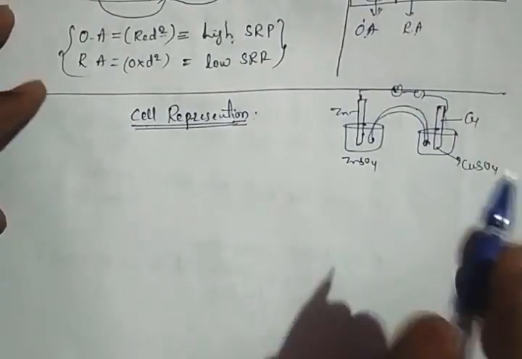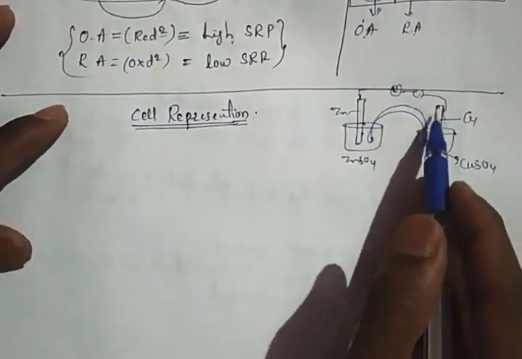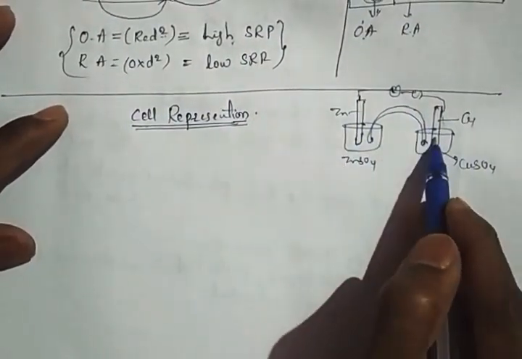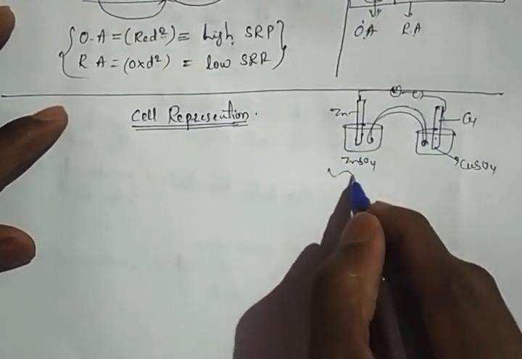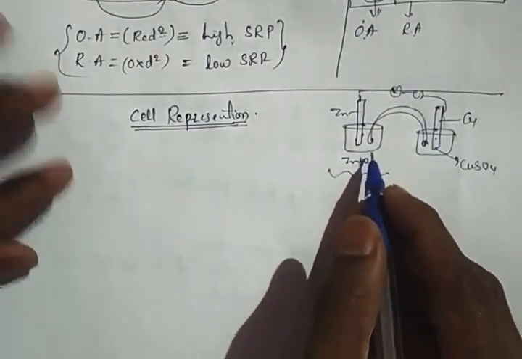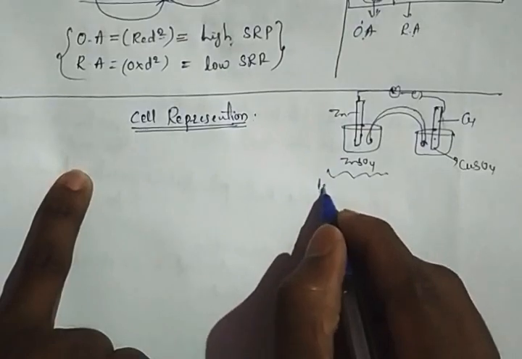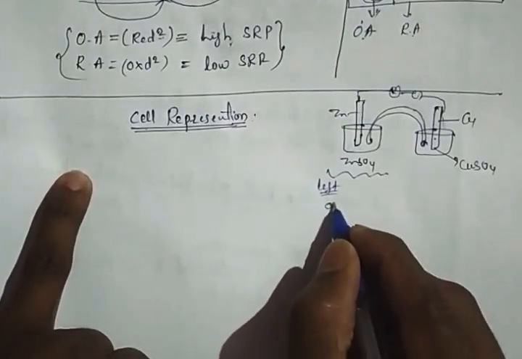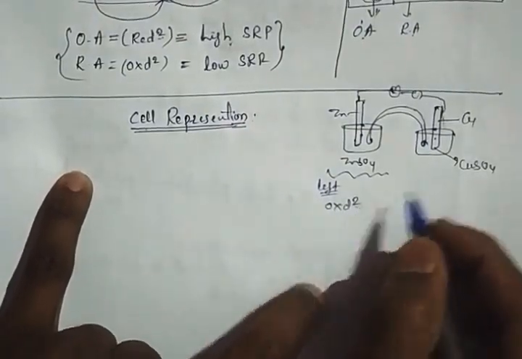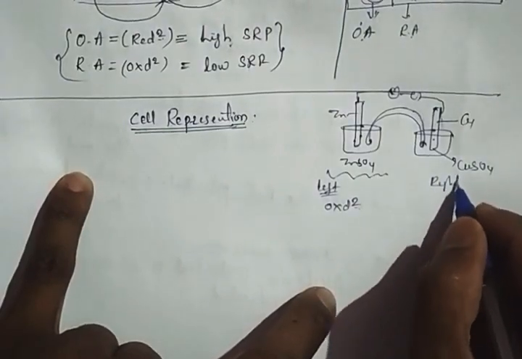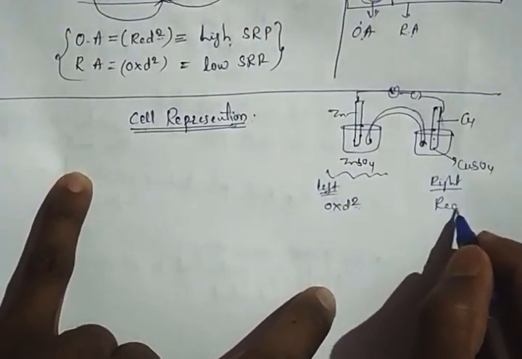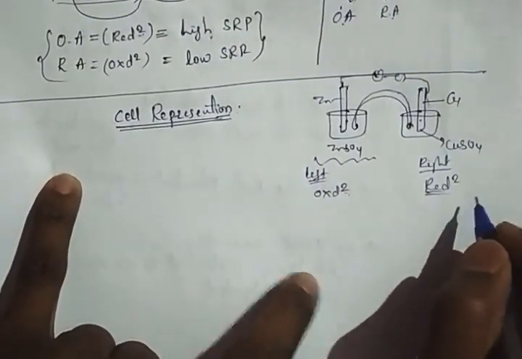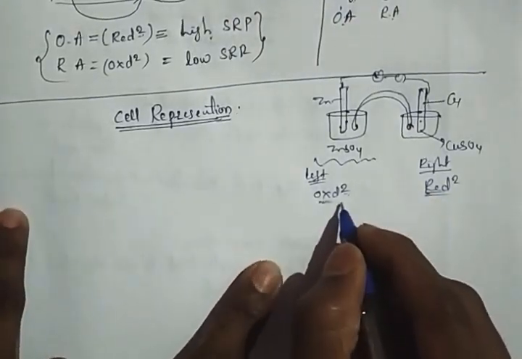As you know, the cell consists of two half cells. The half cell on the left side is known as the oxidation half cell, whereas the right hand side we can call the reduction half cell.